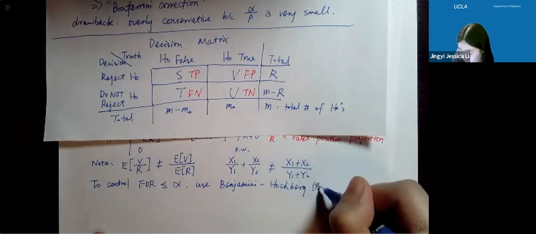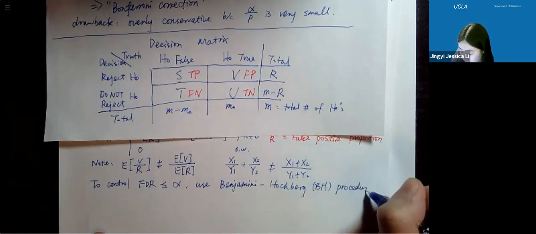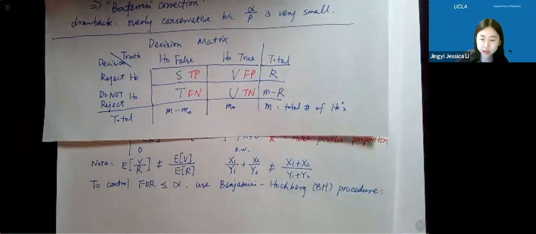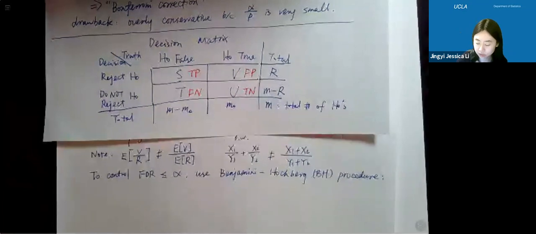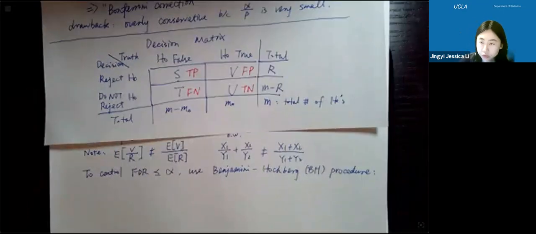Let's call that the BH procedure in short. So it's a way to find a proper threshold on p-values to achieve the FDR control. Let me first introduce the procedure, and then I'll explain why.